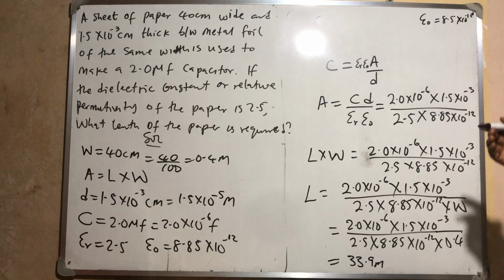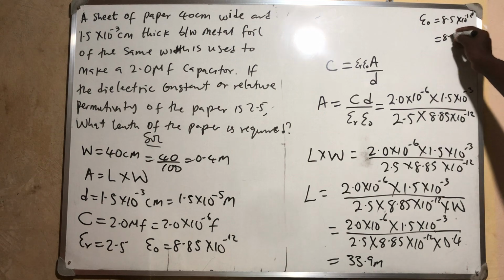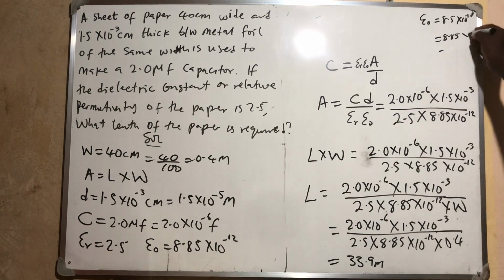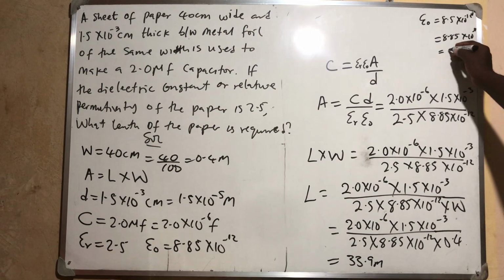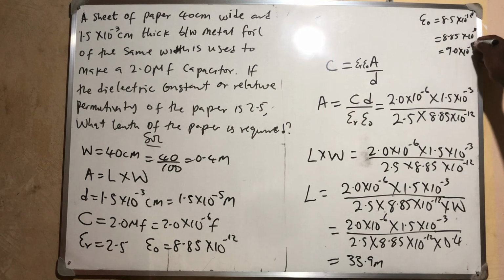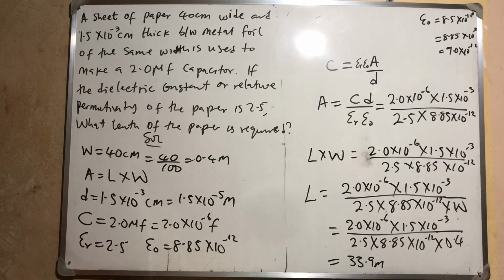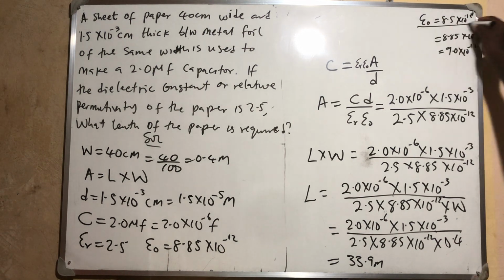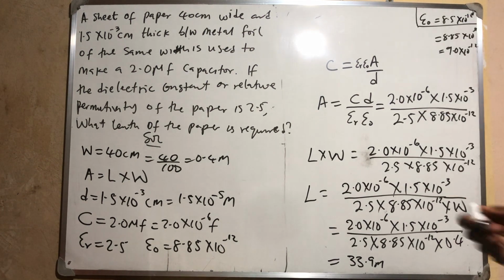Some textbooks will use 8.85 times 10 raised to power minus 12, some textbooks will even use 9.0 times 10 raised to power minus 12. For ASU students, their textbook always uses this one, so you can be using this one as well.